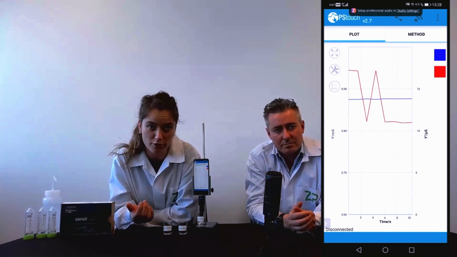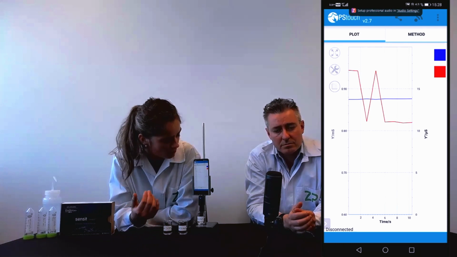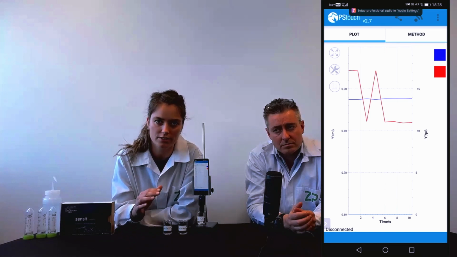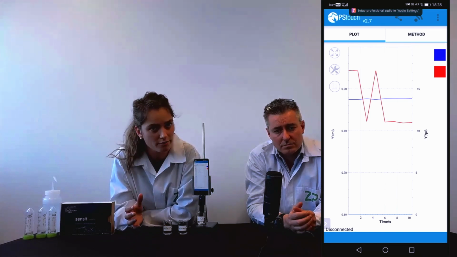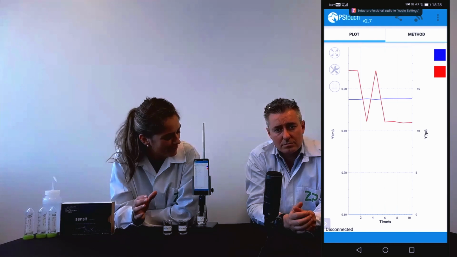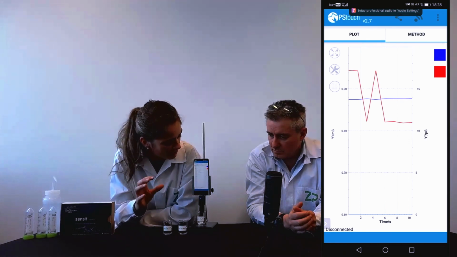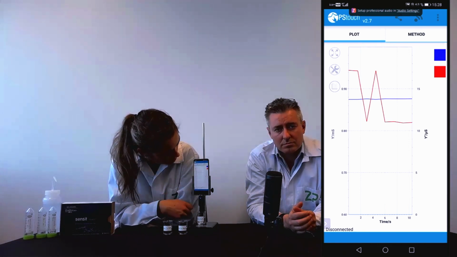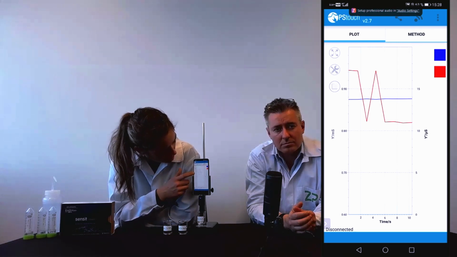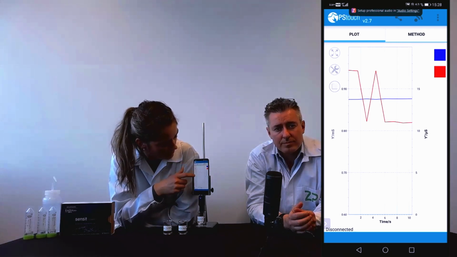For simplification, we'll assume that the cell constant is approximately 0.5. It is approximately 0.5, but more like 0.4 something. But for simplification, we'll do 0.5. And here you can see where the blue line is.